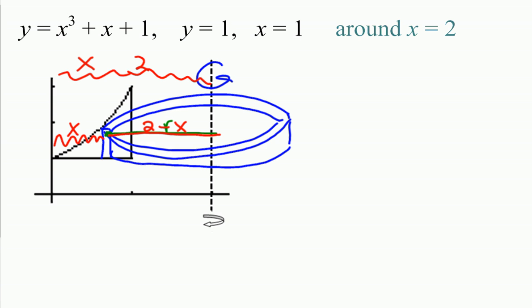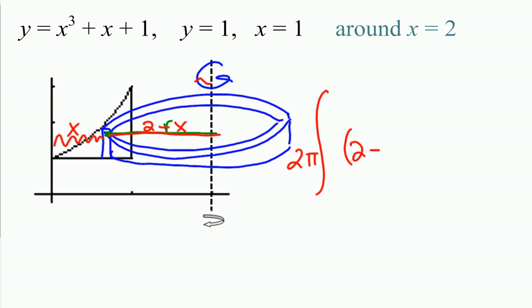So looking at that, let's write our integral. I know the 2 pi goes out front. Our radius now is 2 minus x, and the height of our shell is just this length right here, which is your top function, your cubic function, minus your bottom function, which is just your line y equals 1.